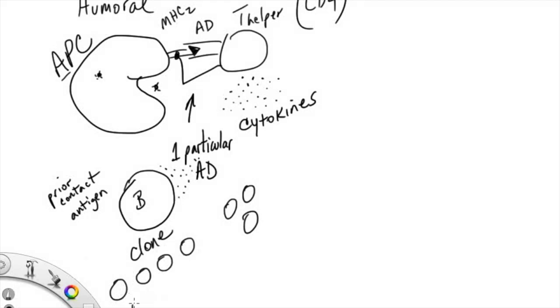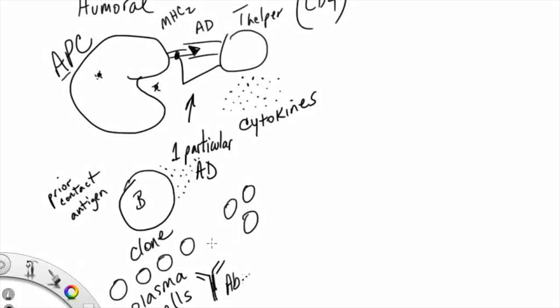Most of these B cells will get a new name. And they will get the name plasma cells. And those plasma cells will do this. What is that? That is an antibody.